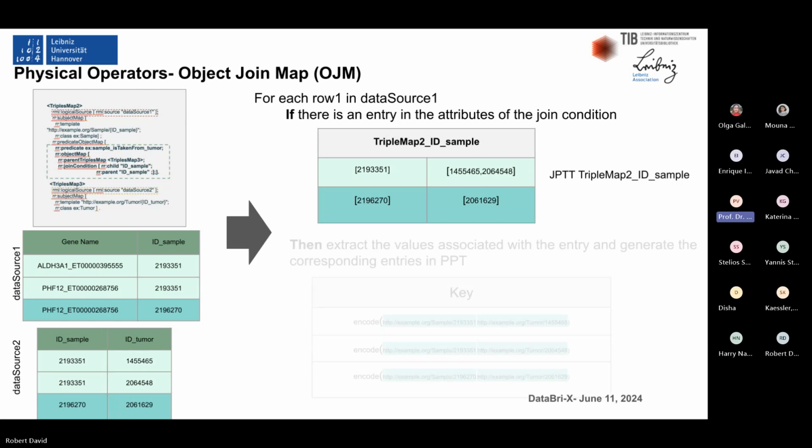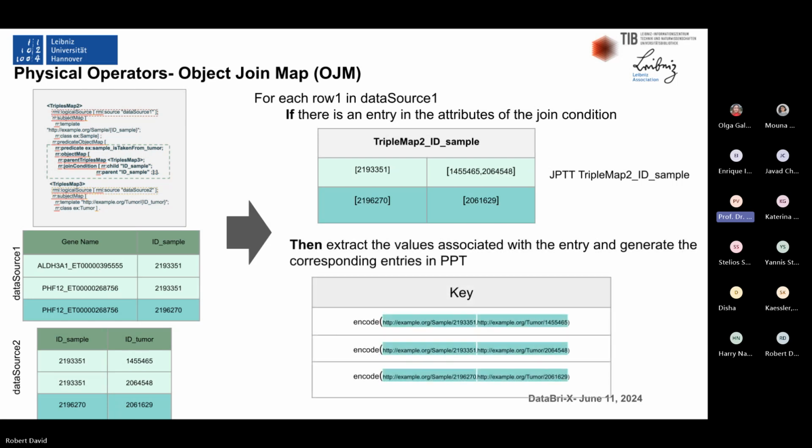So what happens is that now we have joins between different data sources, and the operator is able to first create the structure that I was describing before, the index hash, but is also able to verify that a particular tuple that is intended to be generated doesn't already exist in the index hash.